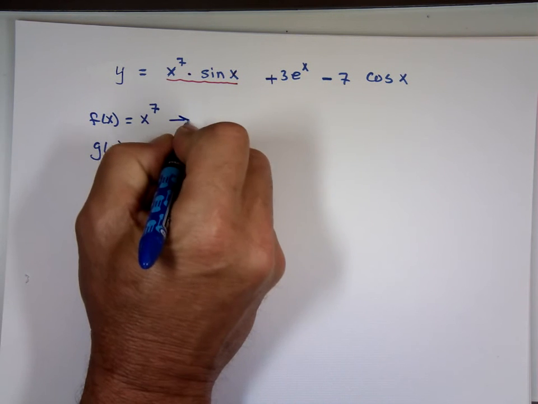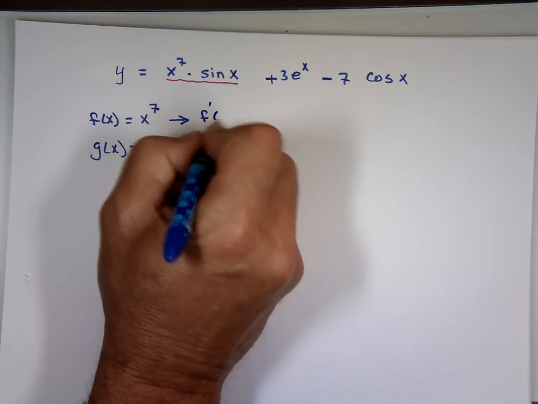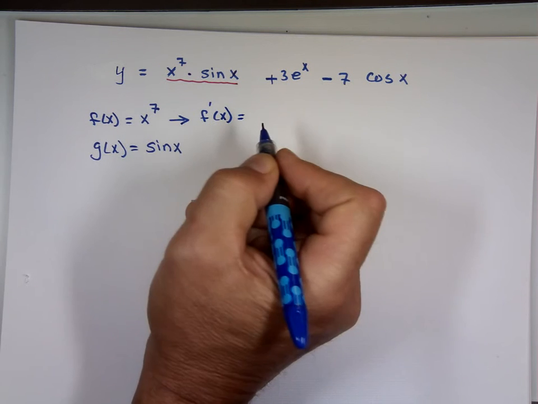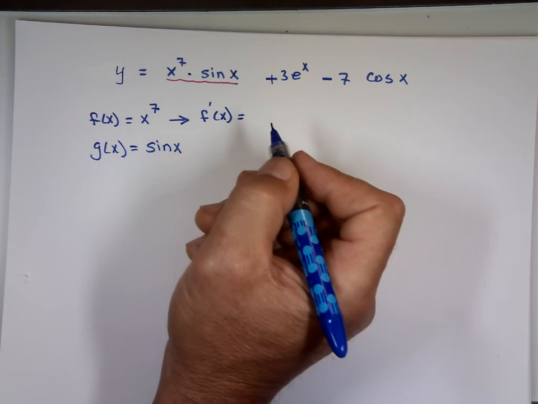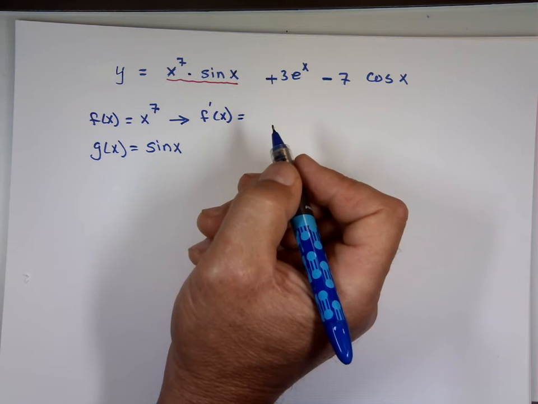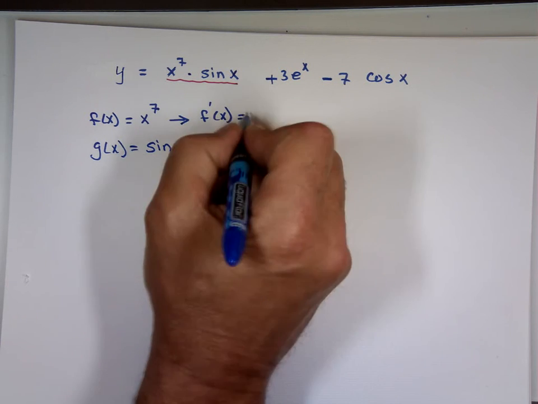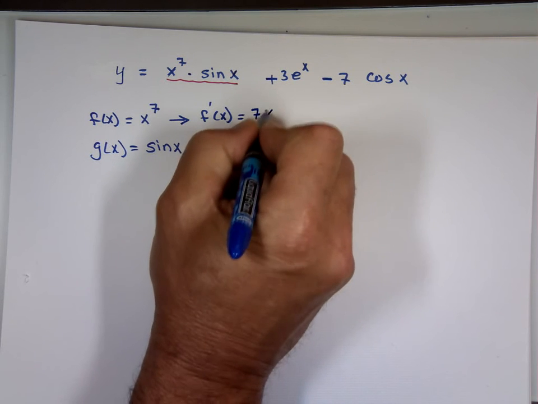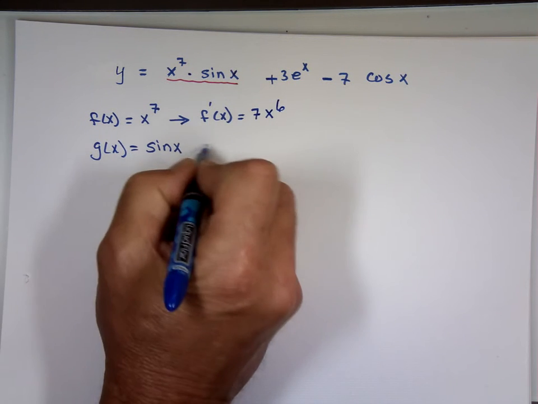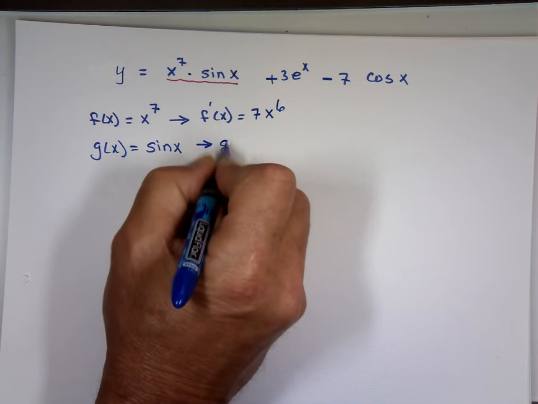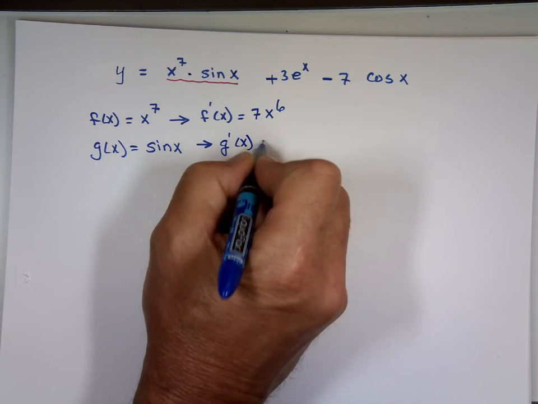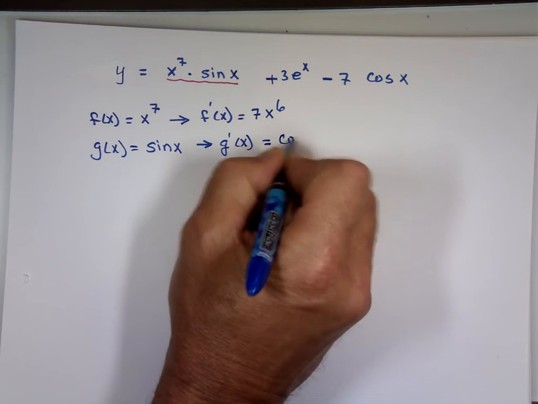What's the derivative of f? Derivative of x to the 7 is what? 7x to what power? 6. And g of x, what's the derivative of sine of x? Cosine x.